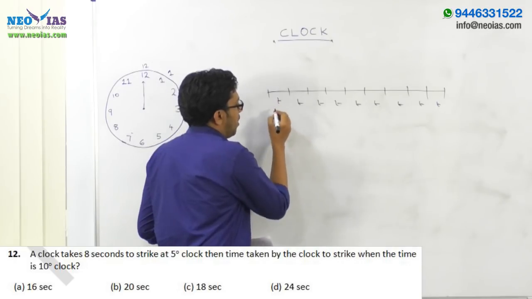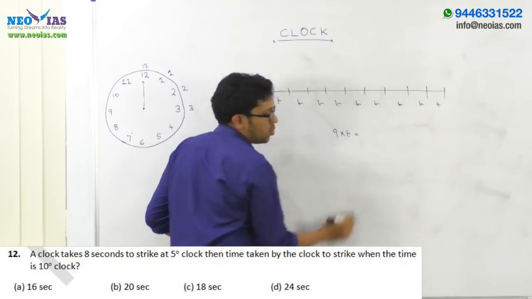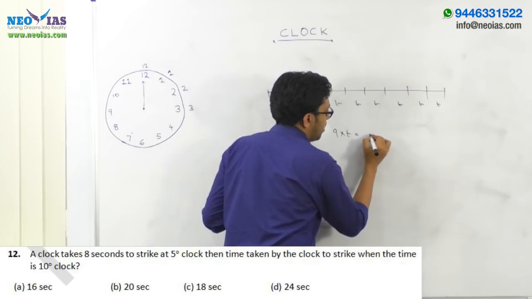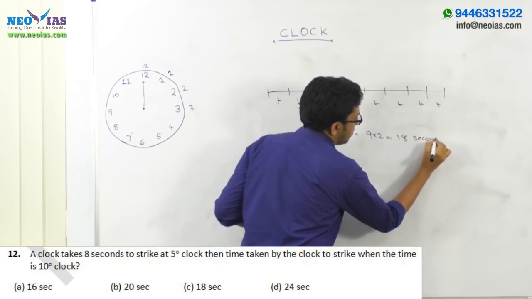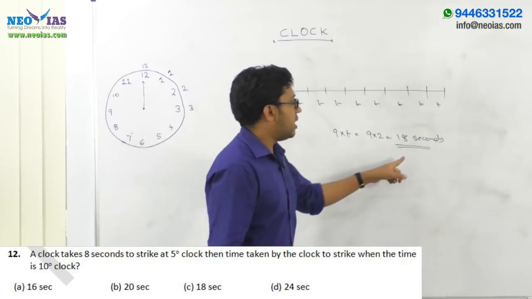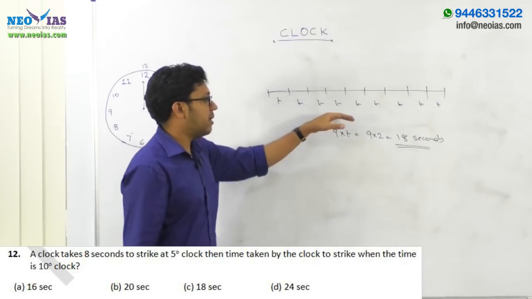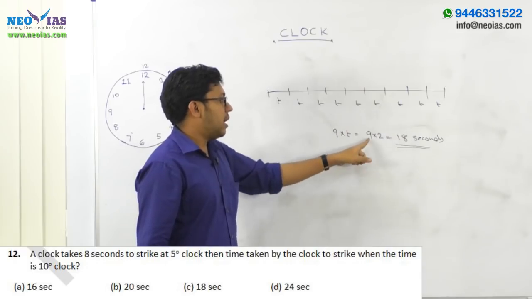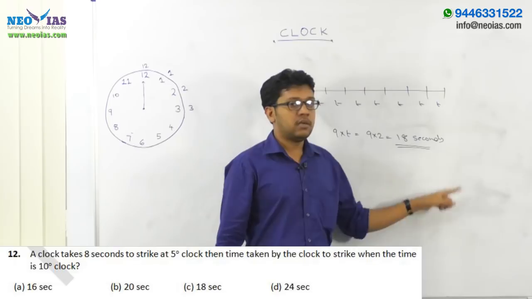Then we have calculated already that 1 time interval is 2 seconds. Thus for 9 time intervals, how much time will it take? 9 into 2 is equal to 18 seconds. There are 9 intervals to strike at 10 o'clock, and 18 seconds the clock will take to strike at 10 o'clock.